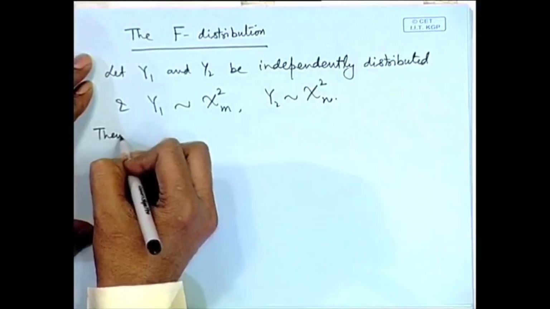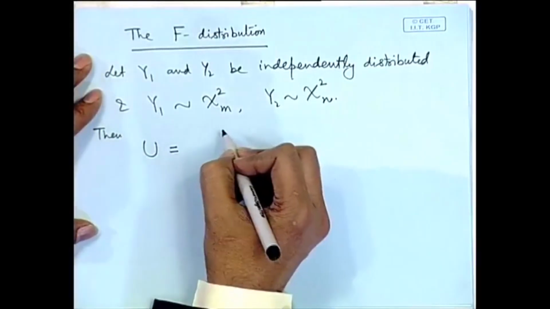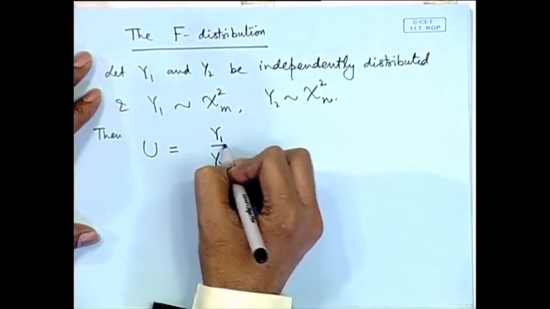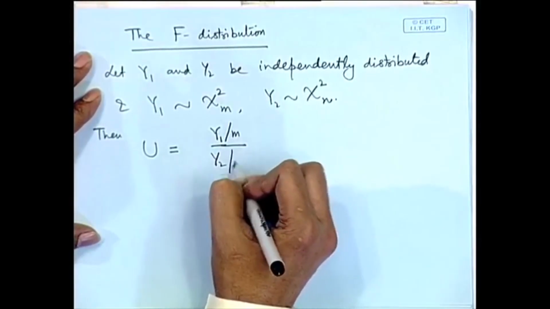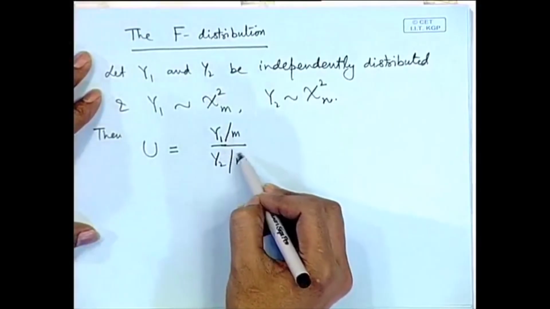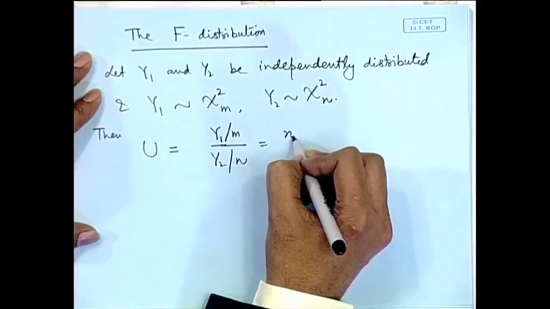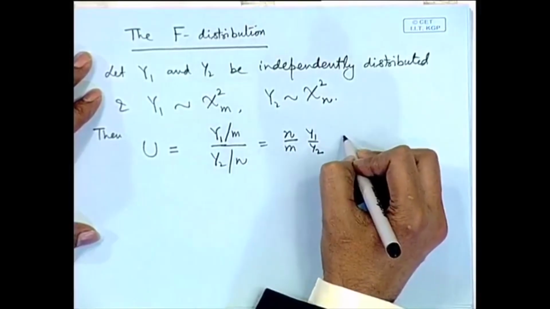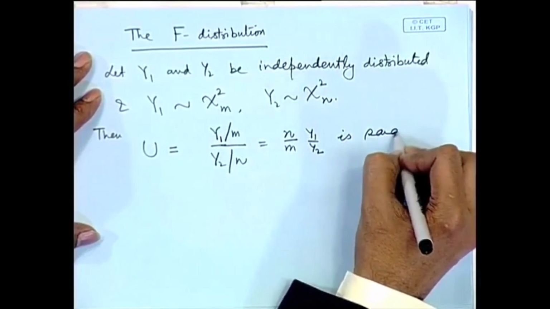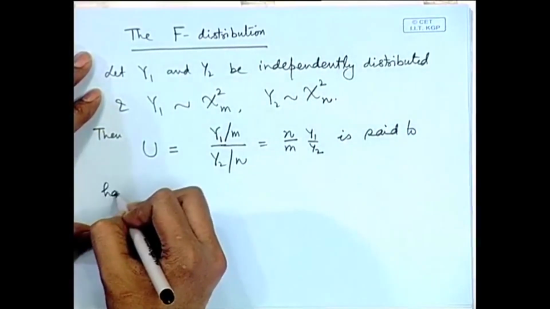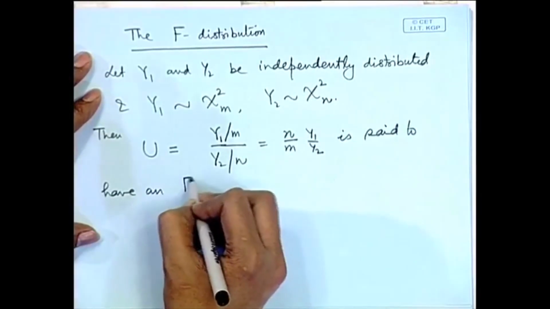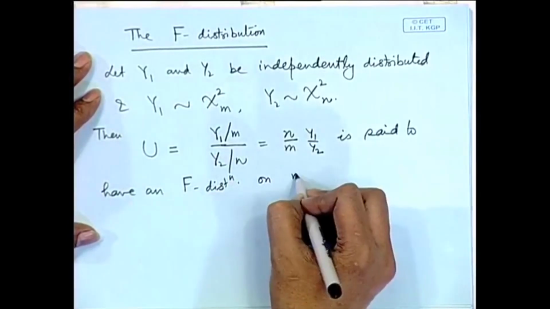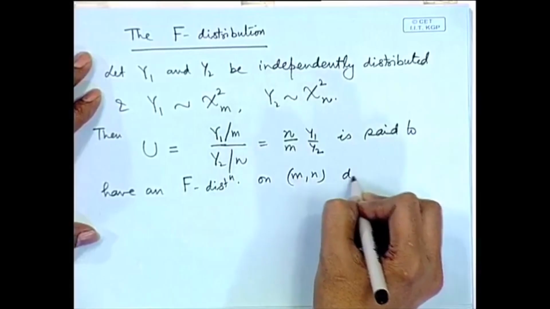Then if we define a variable called u as the ratio of y1 and y2, each divided by their degrees of freedom, that is (y1 by m) divided by (y2 by n), that is basically n by m times y1 by y2, then this is said to have an F distribution on m, n degrees of freedom.